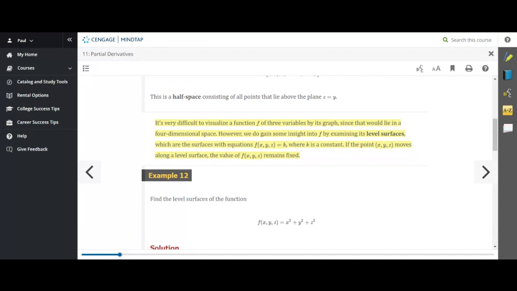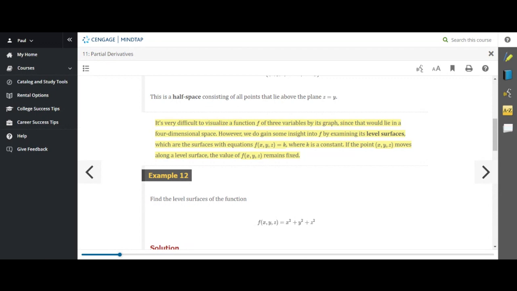So they mentioned, thank you, it's very difficult to visualize a function of three variables since that would lie in four-dimensional space, right? If w is a function of x, y, and z, w lies in the fourth dimension. But you can gain insight into a function of three variables by looking at what are called level surfaces.